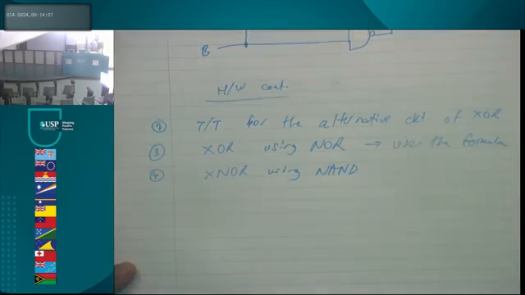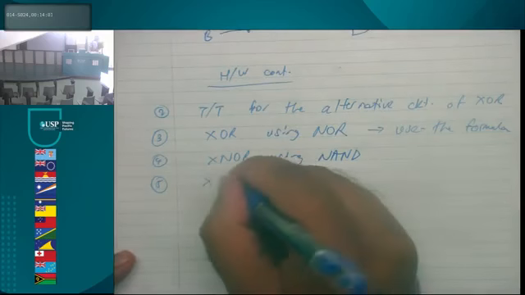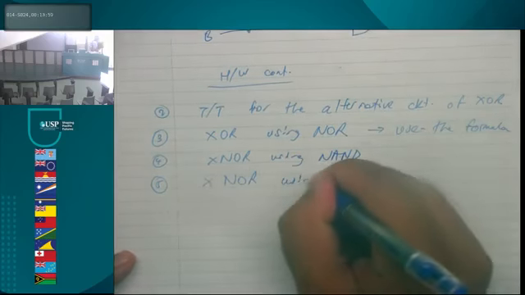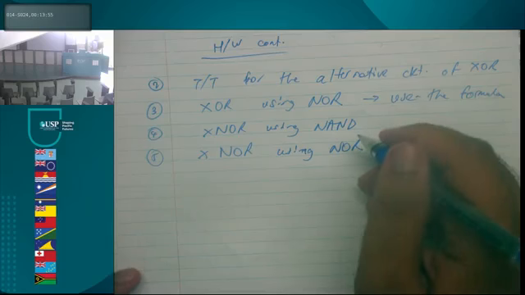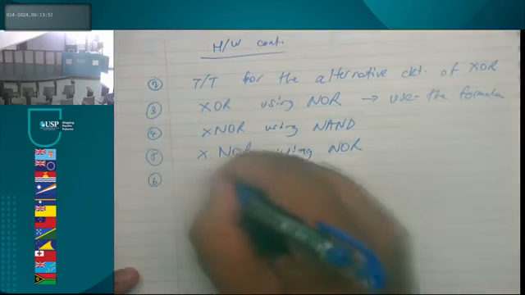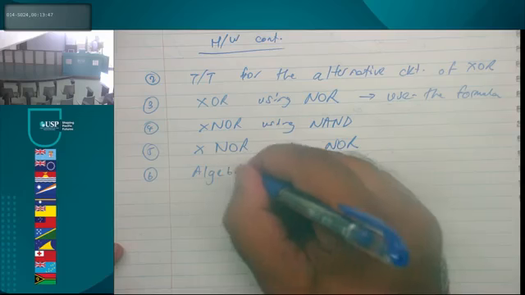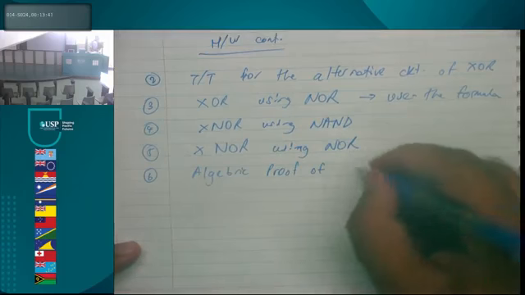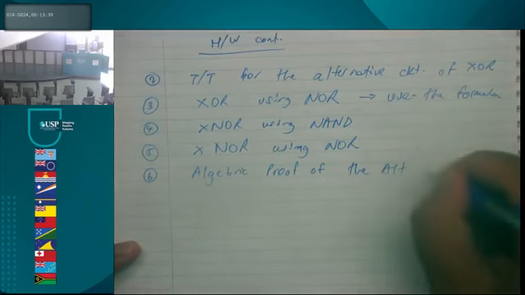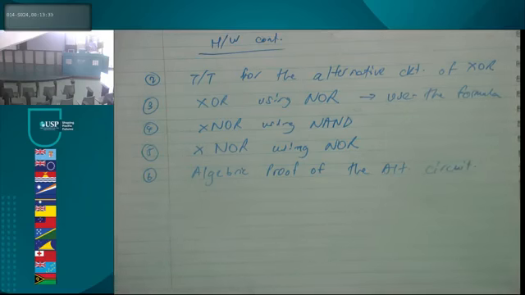That's not too hard. You just build XOR and you put in a NAND gate. Then I want you to do XNOR using NOR. And number 6, algebraic proof of the alternative circuit for XOR, what I've just shown you. All right, guys.